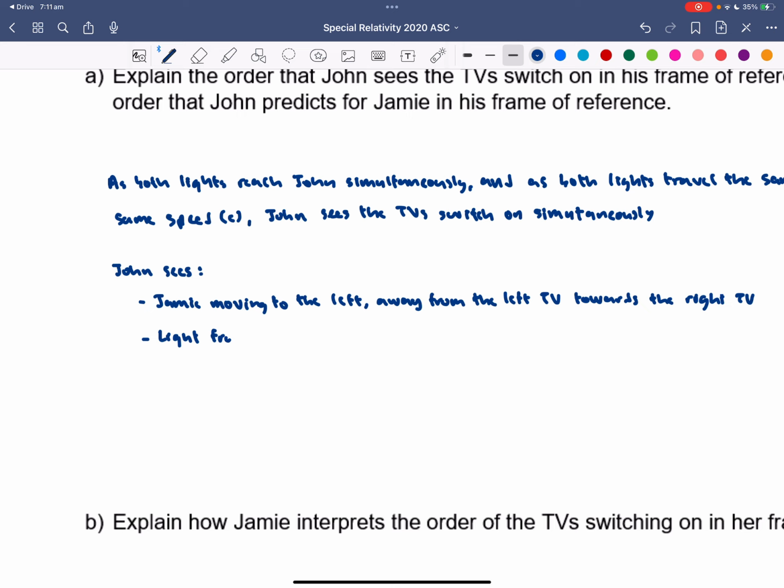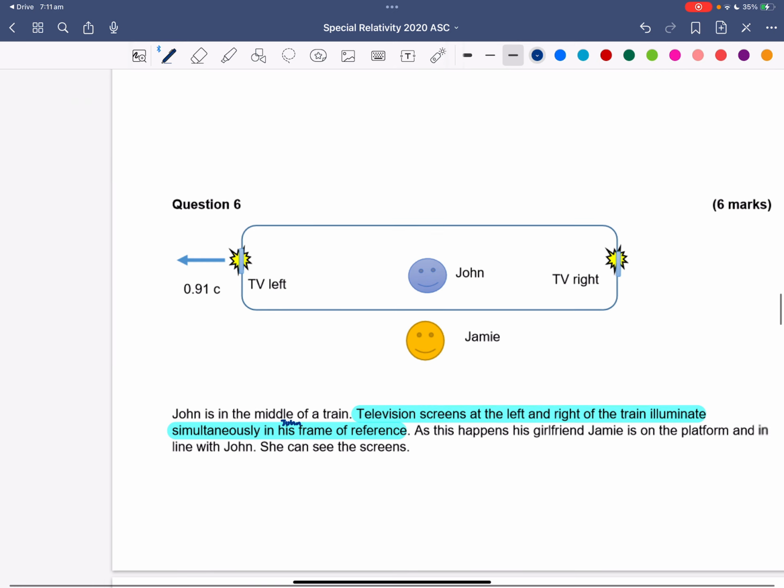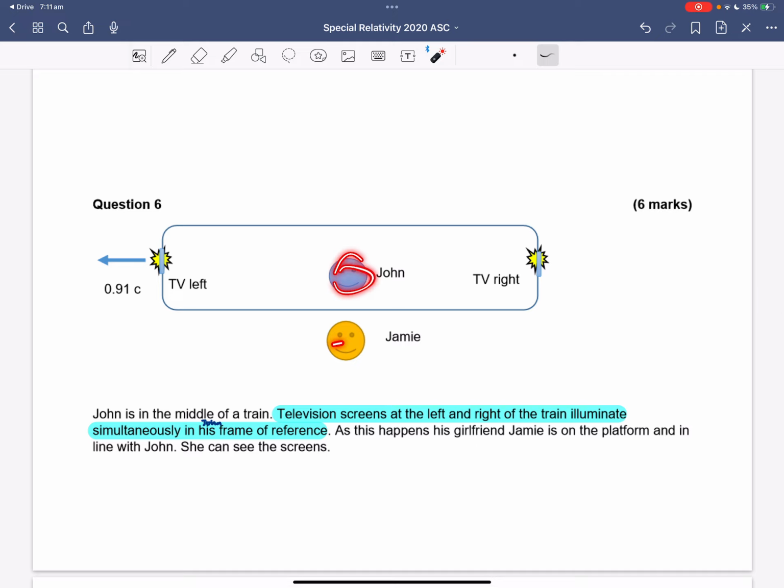So effectively, what John sees is the light from the left TV. Think about it, guys, John thinks Jamie's moving this way, so a little bit later on Jamie is going to be over here. So John thinks the left light has to chase Jamie, whereas the right light pretty much runs into Jamie.